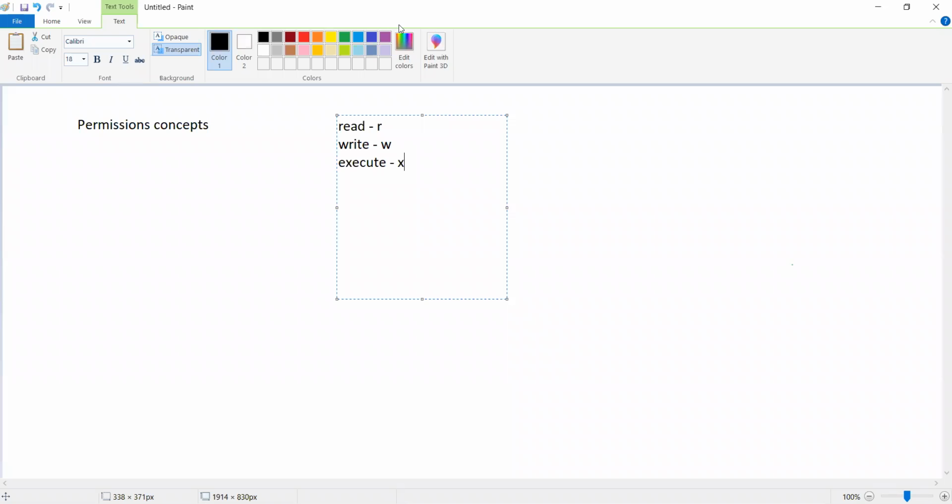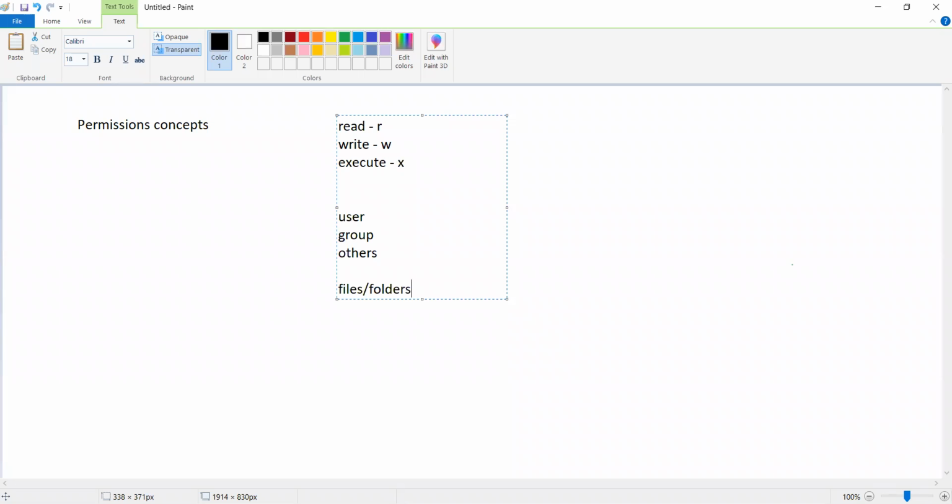We have three categories of permissions. We have three different categories of user modes: one is user, second one is group, and third one is others. So basically, we would be associating these permissions for users, groups, and others on files and folders.